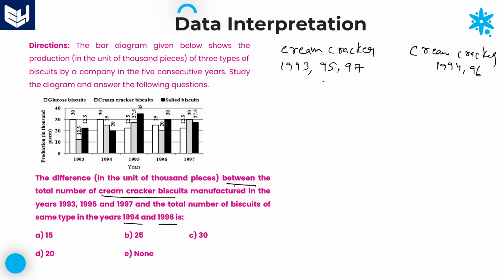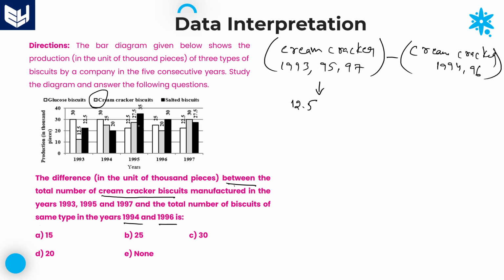The question is, what is the difference between this total and this total? Difference is nothing but highest value minus lowest value. First we'll take this one. Cream cracker 93, the second one, that is 12.5.